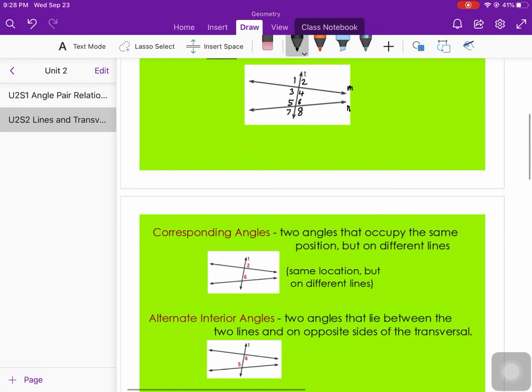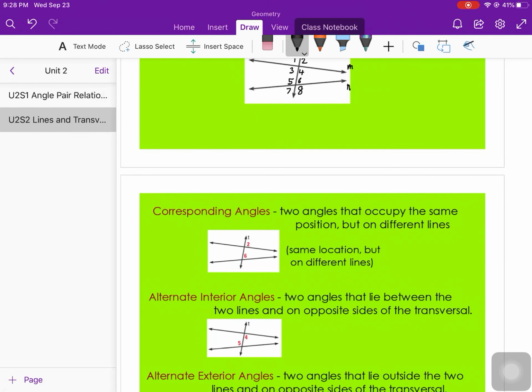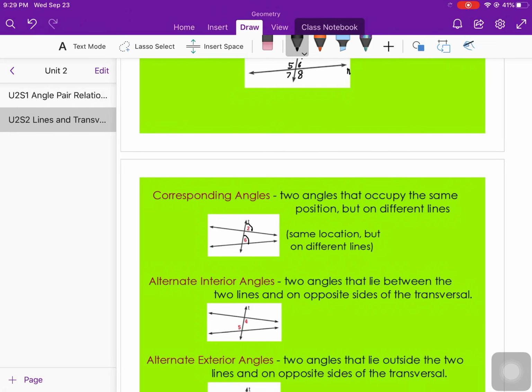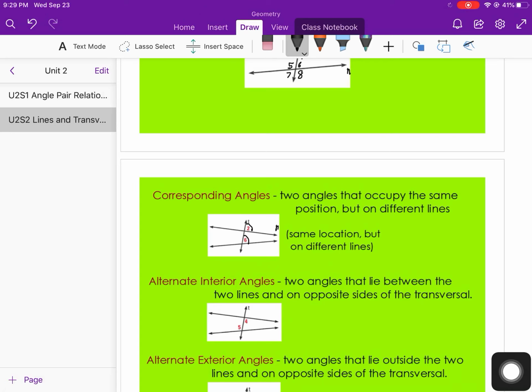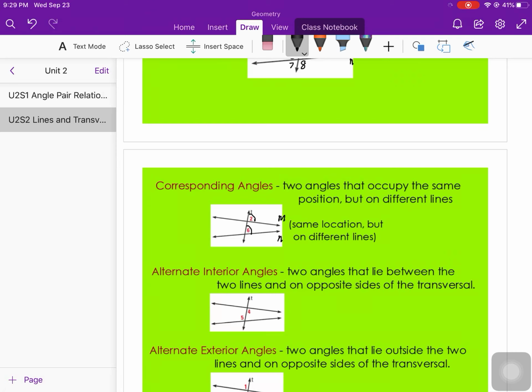If we look back up here, 2 and 6 on our original diagram are called corresponding angles because they're in the same location, but they fall on different lines. If you think of the top line as M and this one as N, number 2 is in the top right corner of line M, and number 6 is in the top right corner of N. So they fall in the same position.